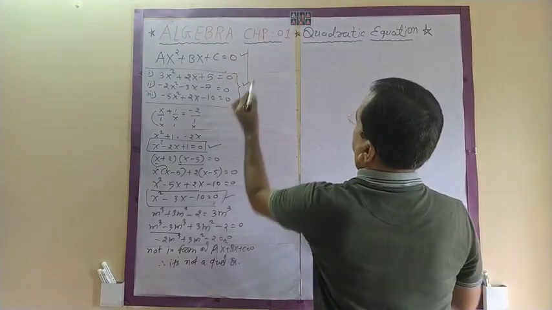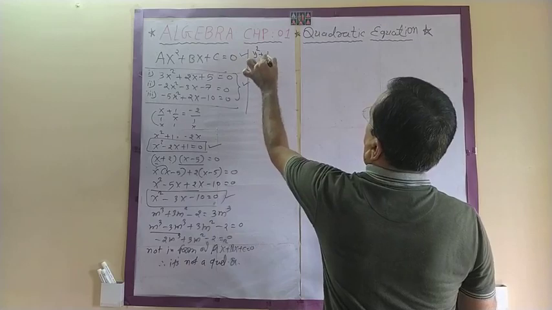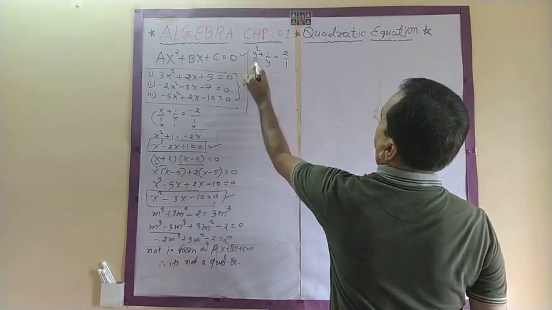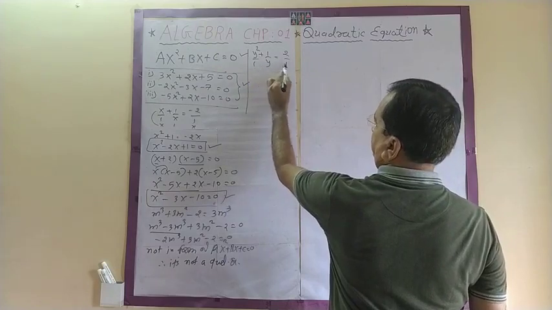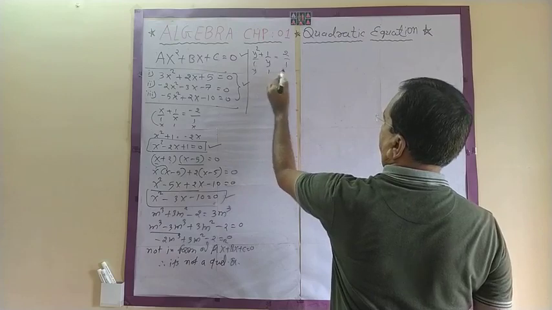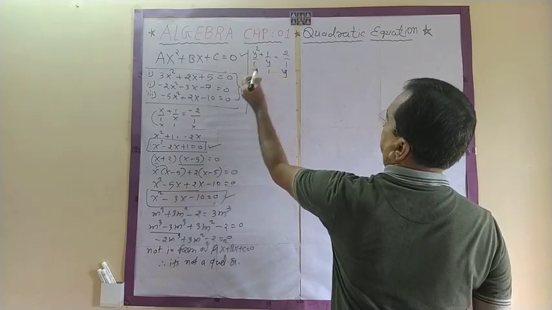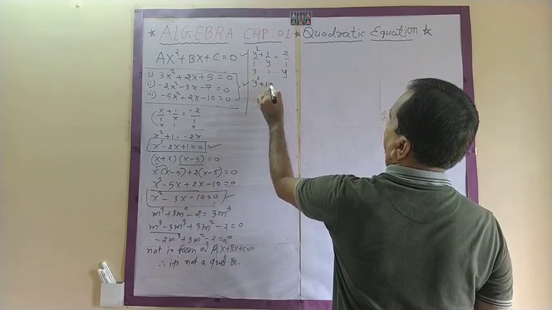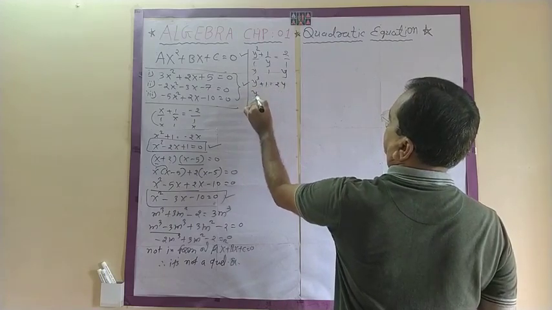One more question: y square plus 1 by y is equal to 2 by 1. Taking the product of these two, this into this, y cube plus y, 2y.